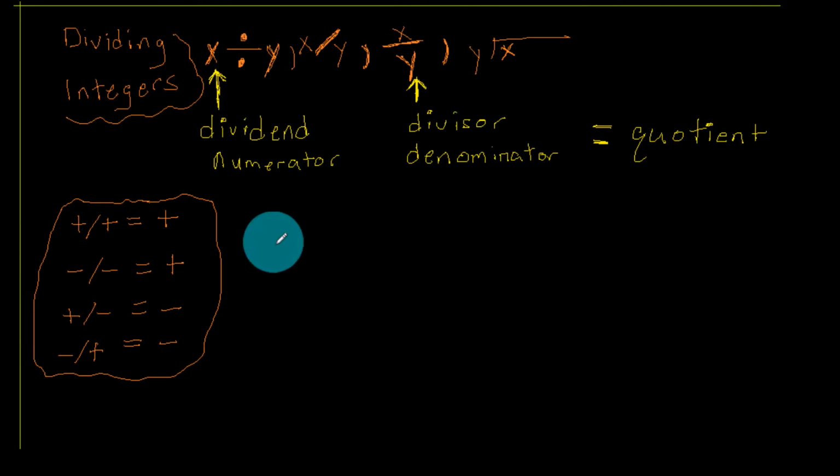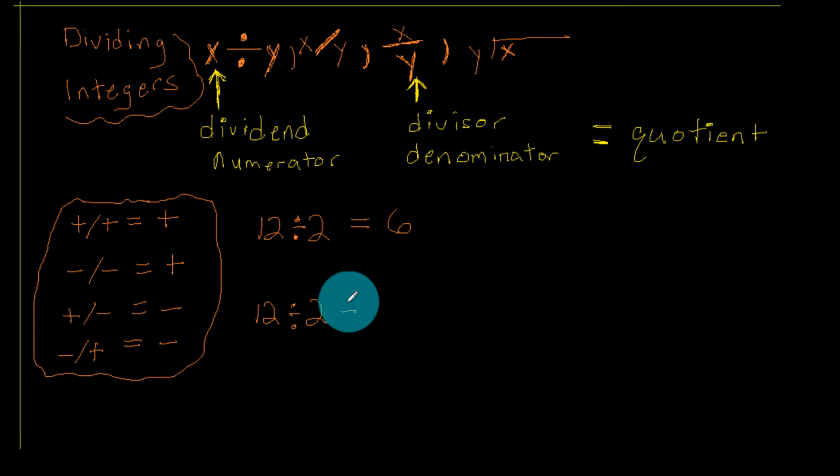Also, the same rule applies when you're dividing with more than two numbers. So let's look at what 12 divided by 2 is real quick. We know that 12 divided by 2 is equal to 6. And let's look at what happens if you were to divide with more than two numbers. So this time we'll say 12 divided by 2 divided by 3.